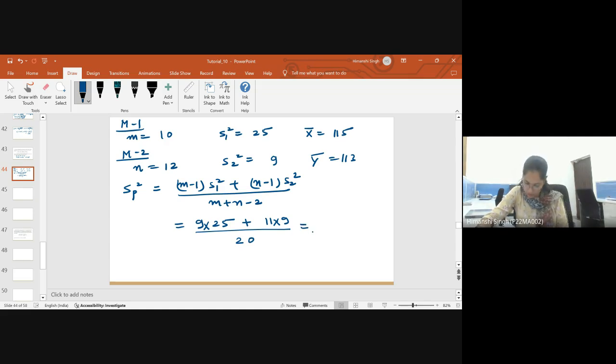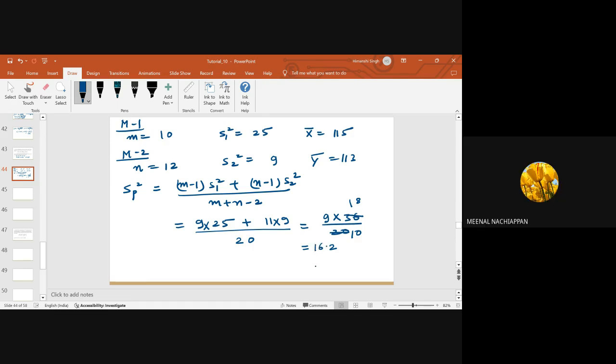Okay, so what this Sp square will be: 9 into, now 25 and 11, so it will be 36 by 20, so it will be 16.2.